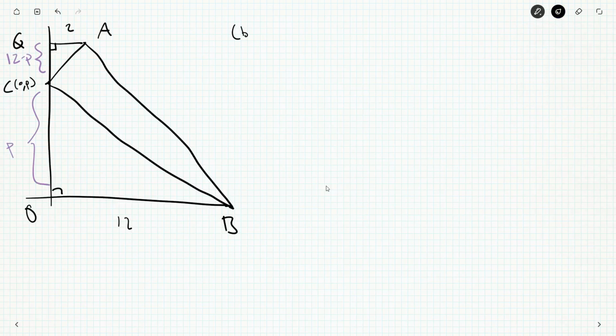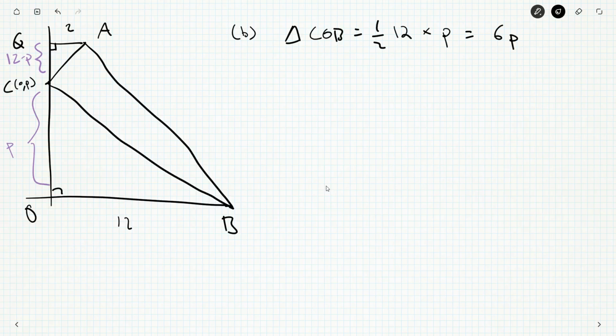If you're going to, maybe mention that B is what you're doing now. So for B, the area of COB is 1/2 base times height. So that's just 6p. For part C, the area of ACQ is 1/2 base times height, so that'll just be 12 minus p.